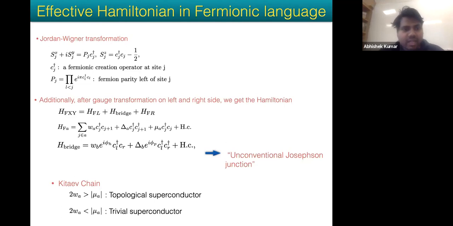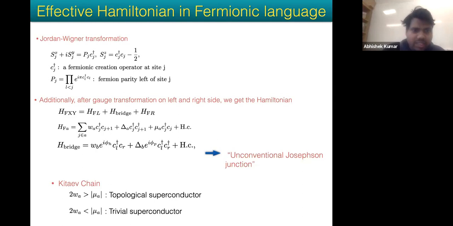Then we get the Floquet Hamiltonian in terms of fermionic operators as two Kitaev chains, one on the left and one on the right side, and there is a connecting or bridge Hamiltonian in the middle.